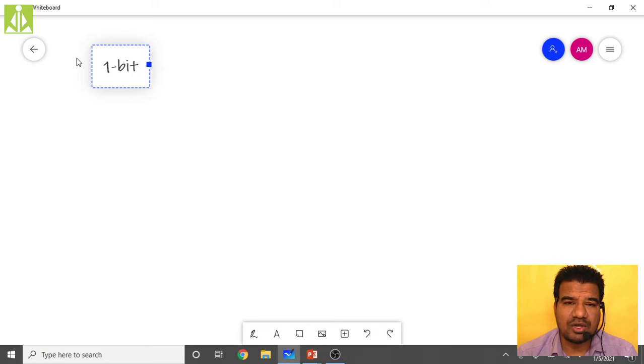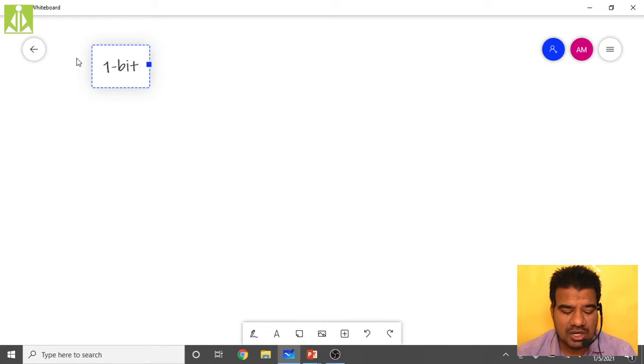Whatever numerical value you want to store, you have to store in binary form only. Whatever character you want to store, you have to store in binary form only. That binary form will have only ones and zeros. So 1 bit is the basic unit, the smallest portion of your memory where you can store only 1 bit, that is either 0 or 1.